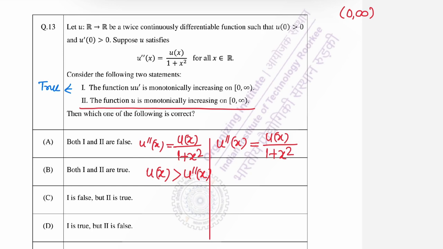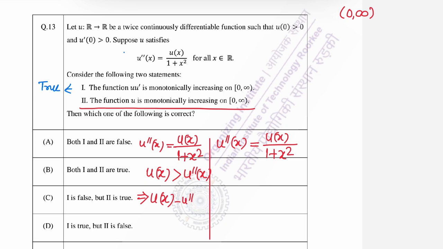Okay, I again repeat, I am working for this interval, not for the interval given in the second statement. Okay, I am actually omitting the point 0. I will later add that point. Okay, so we got this thing, and later this can be rewritten as u(x) minus u double dash x.